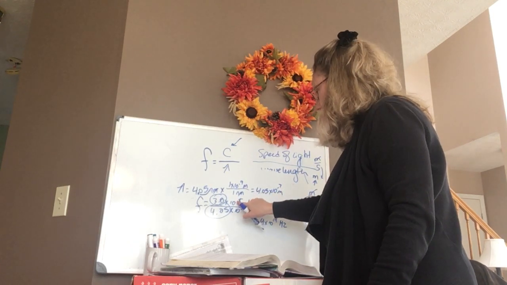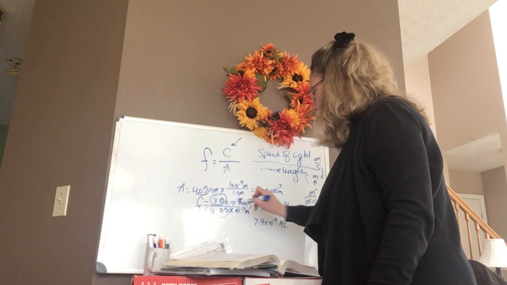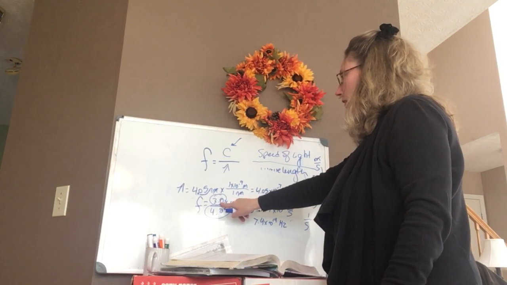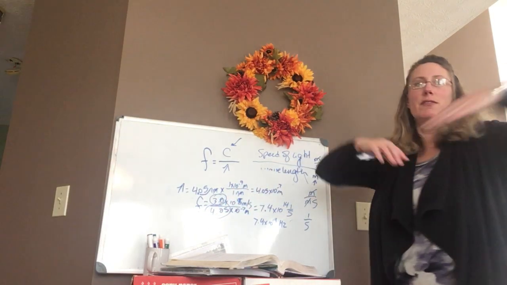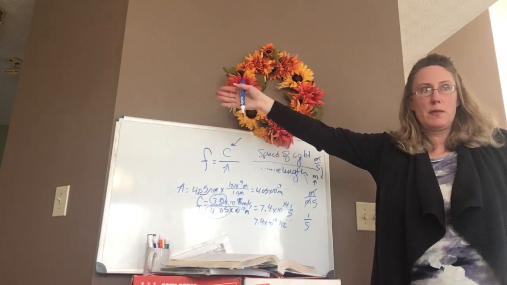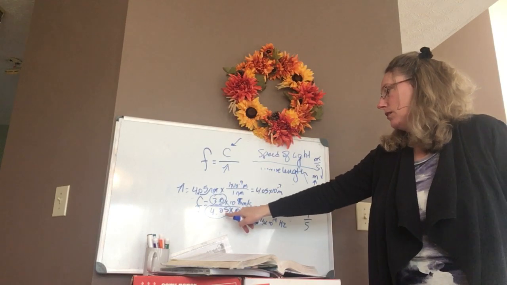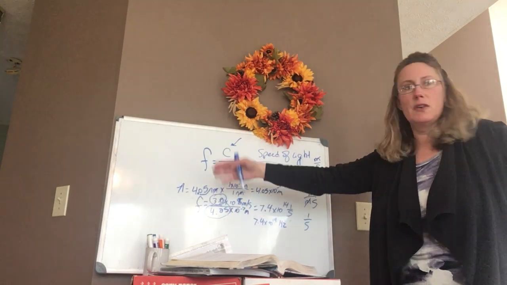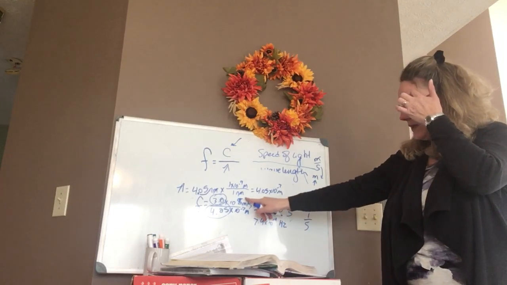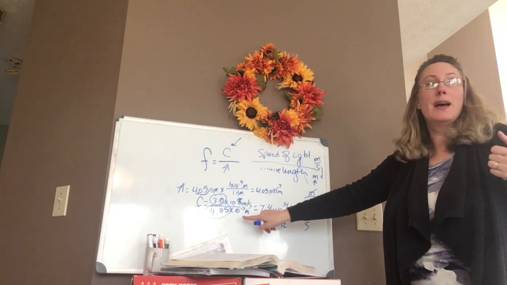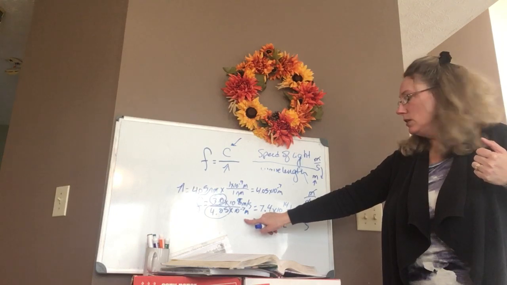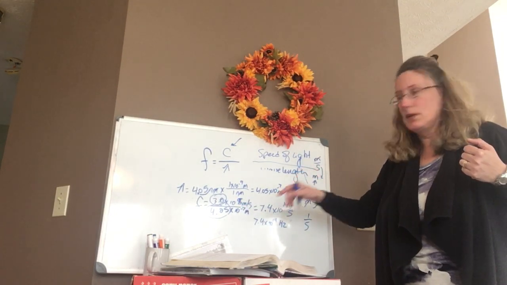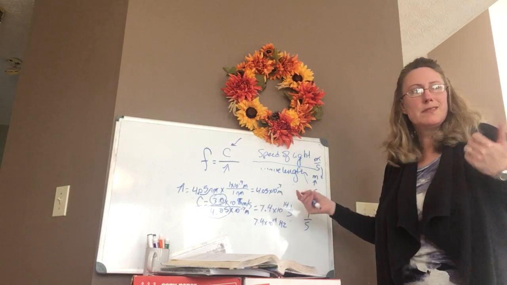I'm sorry, this is positive 8, not negative 8. I was wondering why my numbers weren't working out. So, the speed of light is very fast, so it's a very big number. The wavelength of my light is very small. So when you have a very big number divided by a very small number, you add those exponents together, except that this becomes positive then.